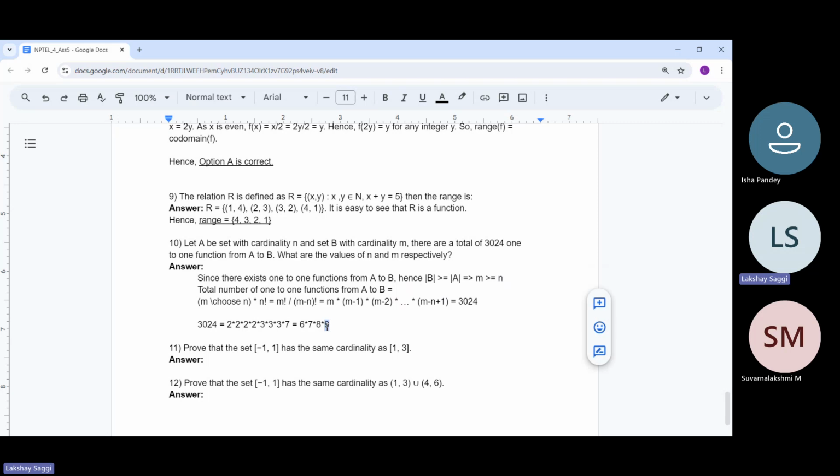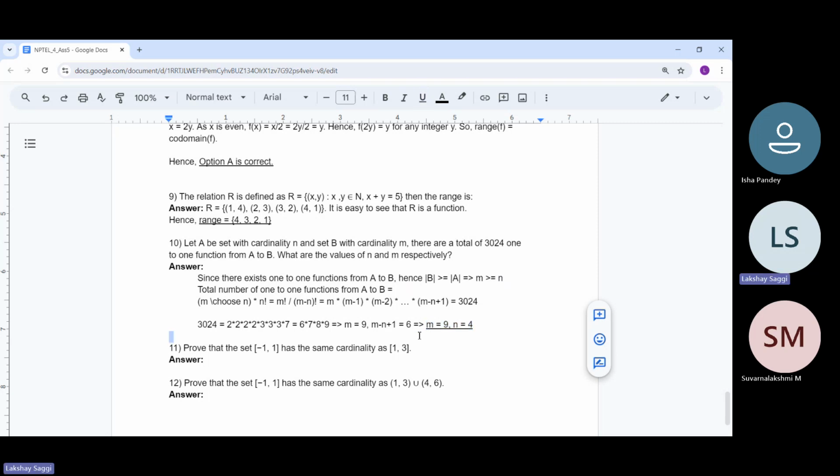So m will be 9, and m minus n plus 1 will be equal to this 6. Putting m as 9, we get that n is actually 4. So m is 9 and n is 4. This will be the correct answer.